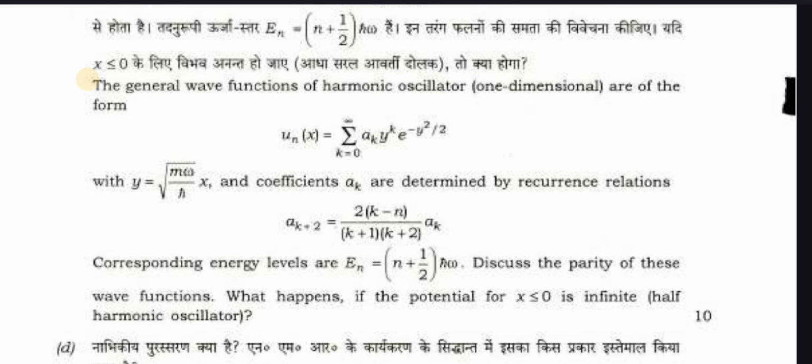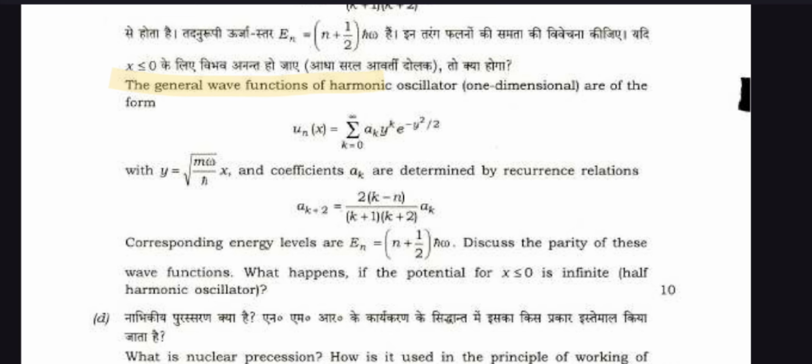You can see this. The general wave functions of a one-dimensional harmonic oscillator are of the form psi_n(x) = summation k equal to 0 to infinity a_k of y, e to the power minus y squared by 2, with y equal to under root m omega upon h cut, x, and the coefficients a_k are determined by the recurrence relation a_(k+2) = (2k+1-2E)/((k+1)(k+2)) a_k. The corresponding energy levels are E_n = (n + 1/2) h cut omega.